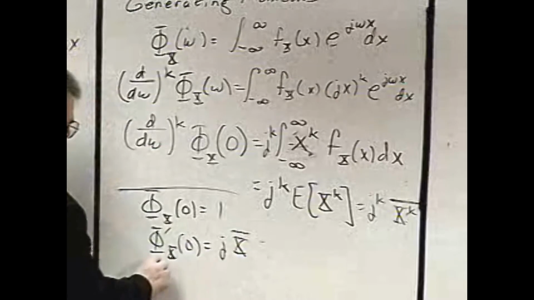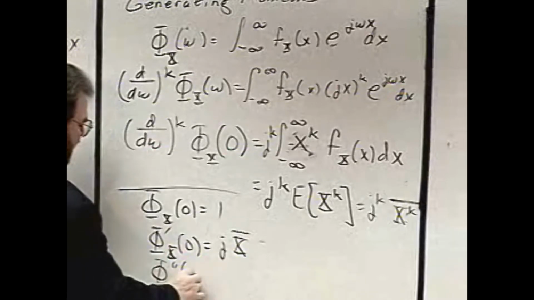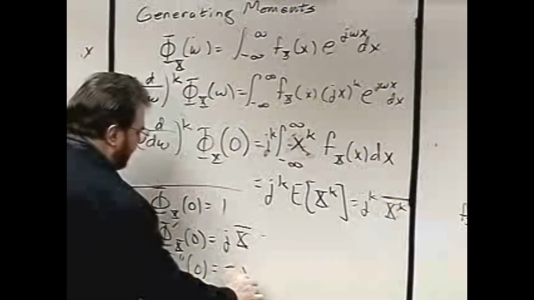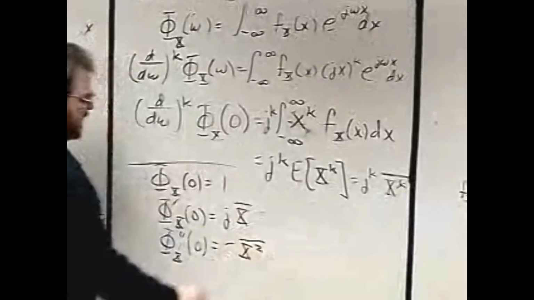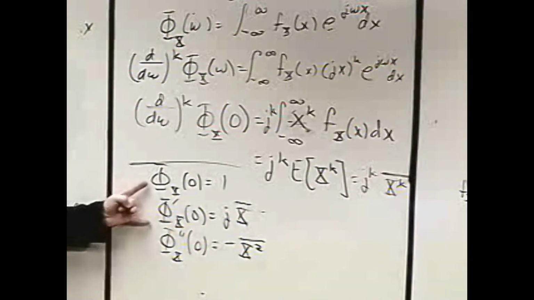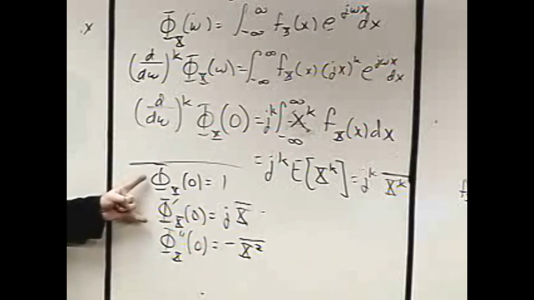And then phi sub x double prime at the origin is equal to minus the second moment, the minus sign coming from a j squared. And we could go on generating all of the moments this way. So that's one of the nice things about the moment generating function, is the ability to generate moments.